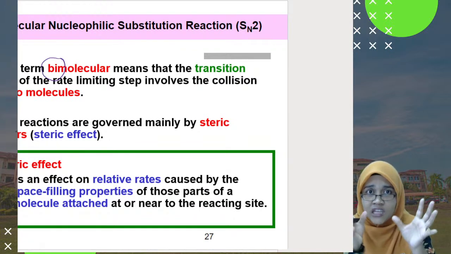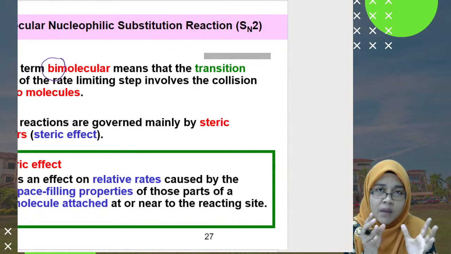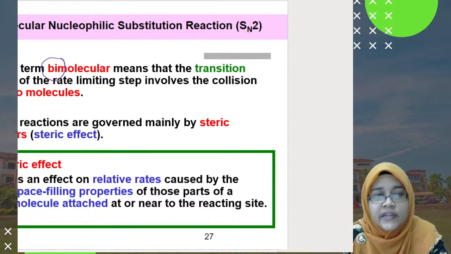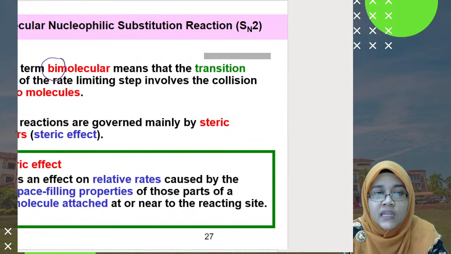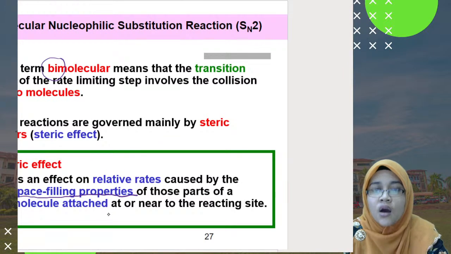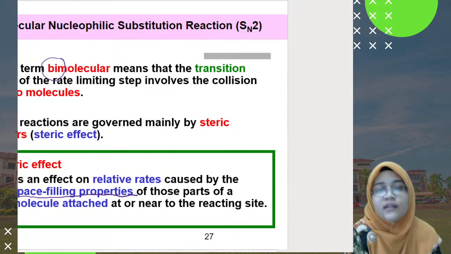A bulky alkyl group blocks this alpha carbon. So what is steric effect? Steric effect is a relative rate caused by the space-filling properties of those parts of a molecule attached near the reacting site.